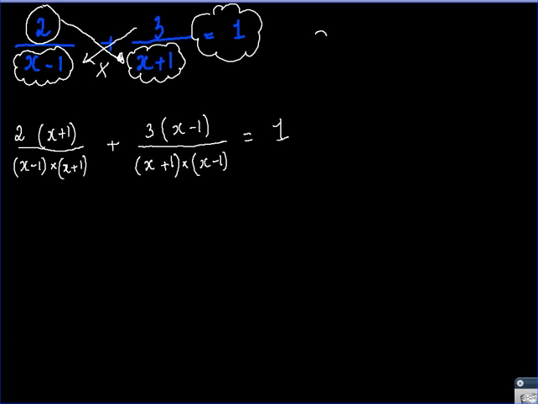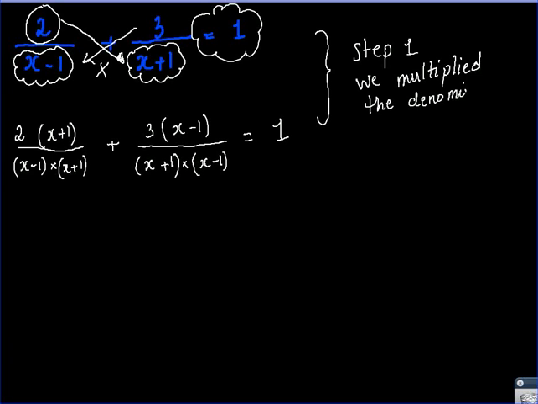So step 1 here, we multiplied the denominators and we cross multiplied the numerators.